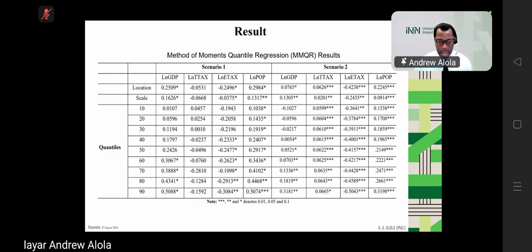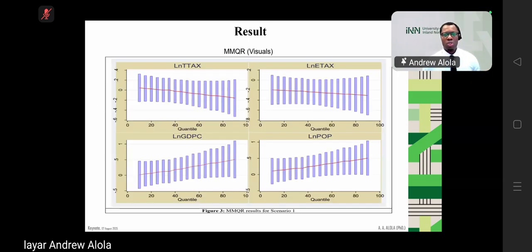So moving on from that quantitative stuff, this is just a visual of what I've just said. And you will see in the top left corner that is the transport tax. Okay, so that is actually not significant in the first scenario, and you will see that is just more like a balance between the positive and negative.